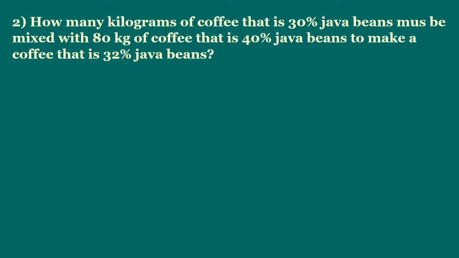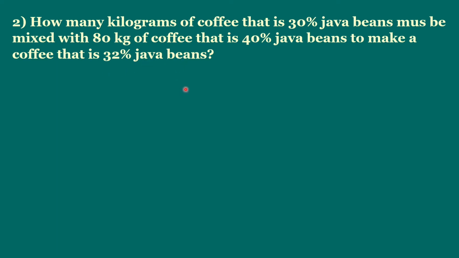Alright, number 2. Let us read first the problem. How many kilograms of coffee that is 30% Java beans must be mixed with 80 kilograms of coffee that is 40% Java beans to make a coffee that is 32% Java beans?